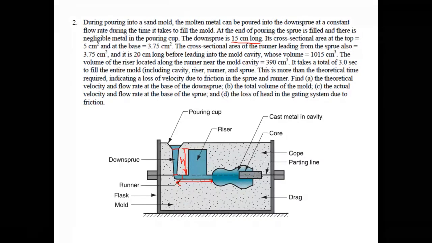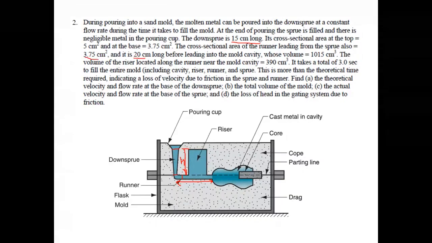What else is given? So we've got this figure as well, and cross-sectional area as well. The volume of the cavity is also given, this bit. It is 1015 cubic centimeters. The volume of the riser located along the runner near the mold cavity is also given, 390. So we've got this one as well.